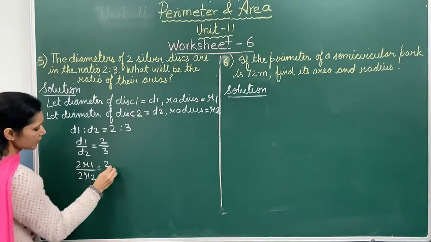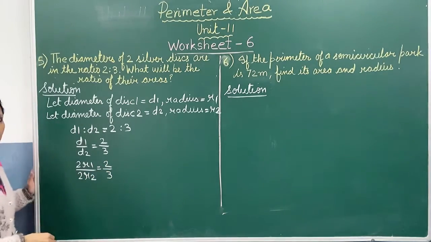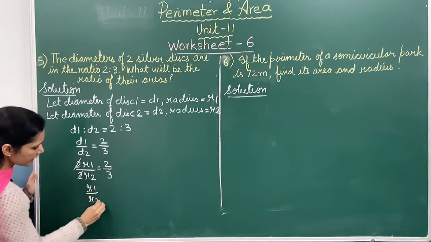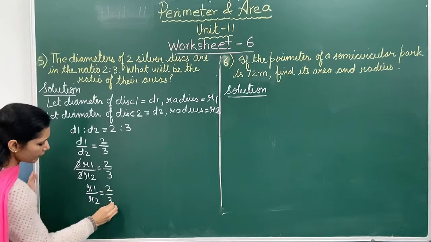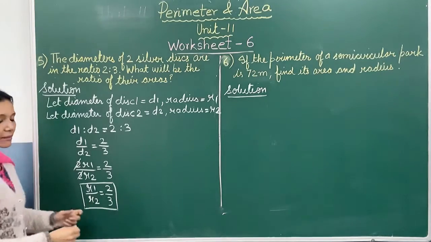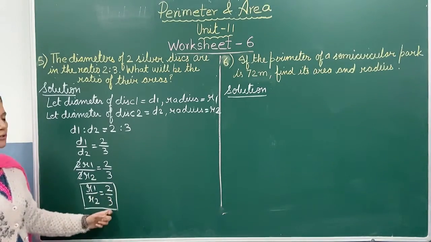This is also equal to 2:3. Now let's do the cutting. 2 and 2 get cancelled. So we have radius 1 upon radius 2 is equal to 2/3. So we concluded that the ratio of the radius is also equal to 2:3.